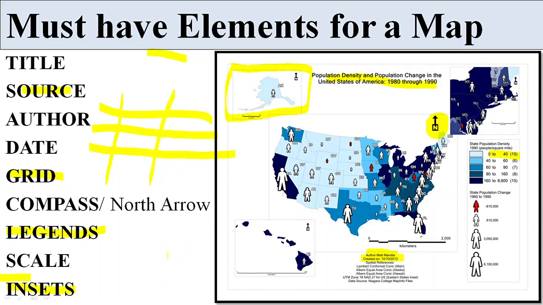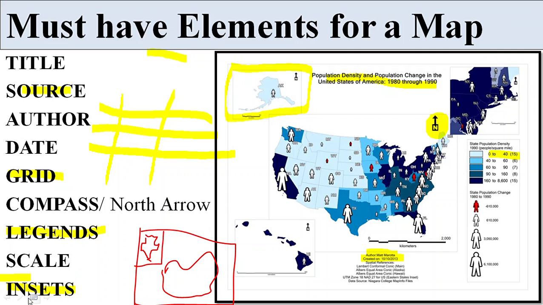In some other map, if there's a map of Delhi, like here, let me create a map for you. For example, it's a map of Delhi city, something like this. On the side you may have an inset showing India.